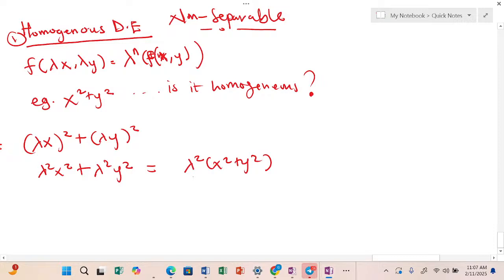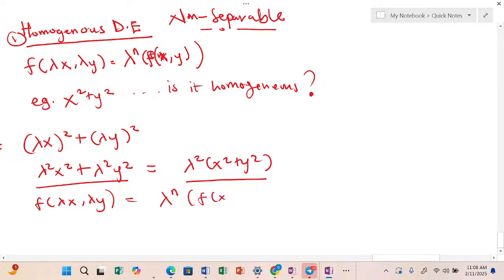So we now meet our condition: f of lambda x, lambda y is now equal to lambda to a common power times f of x, y.